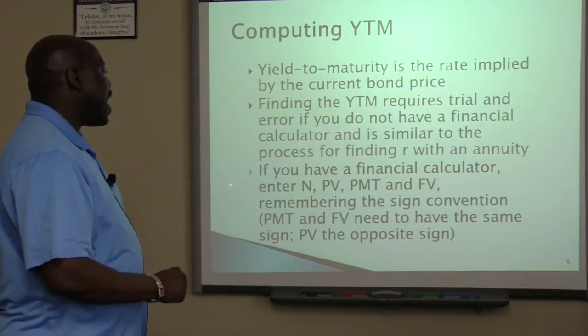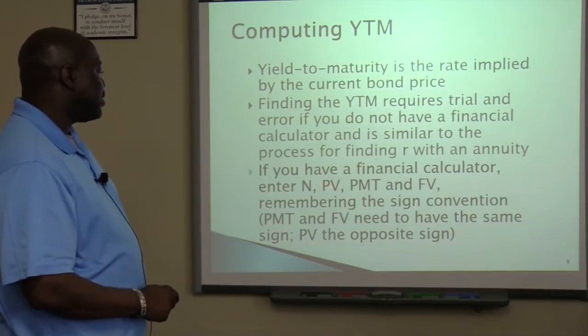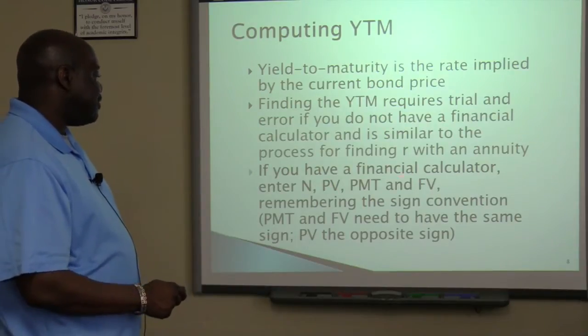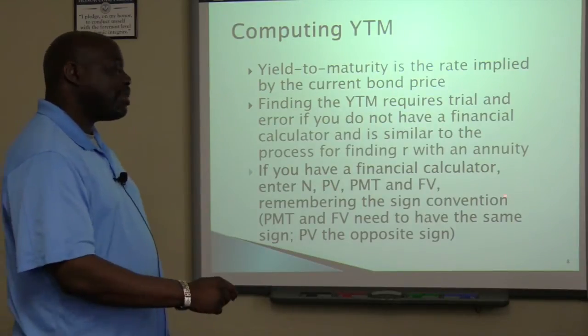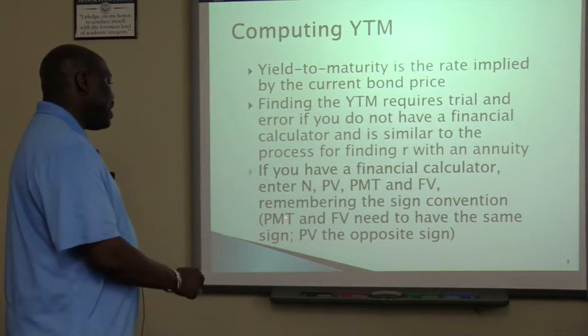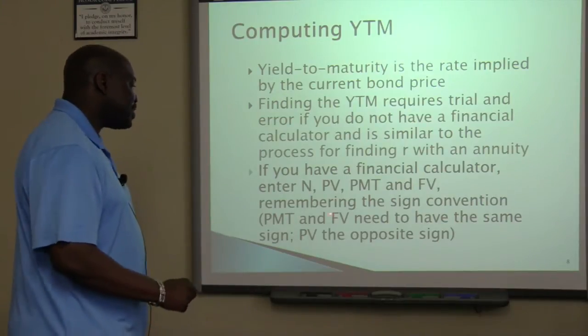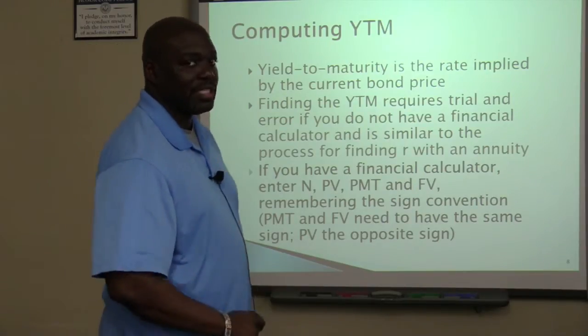If you have a financial calculator, you enter in present value, payment, and future value, and you have to remember the sign conventions, just like in time value of money. Payment and future value need to have the same sign, and the present value must have the opposite sign.